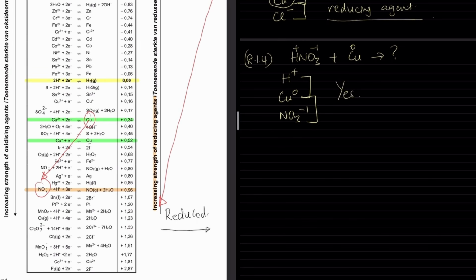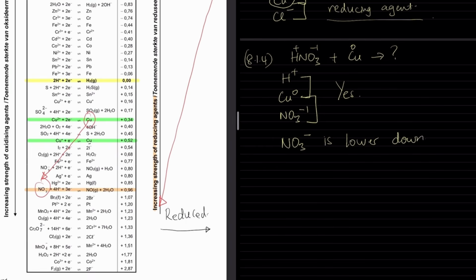Now, why? What's the reason going to be? We can't say obviously there's a diagonal again. So instead, we can say that the nitrate in this case, the NO3 minus, is lower down.